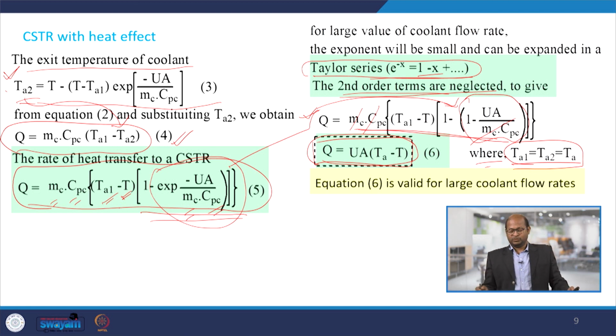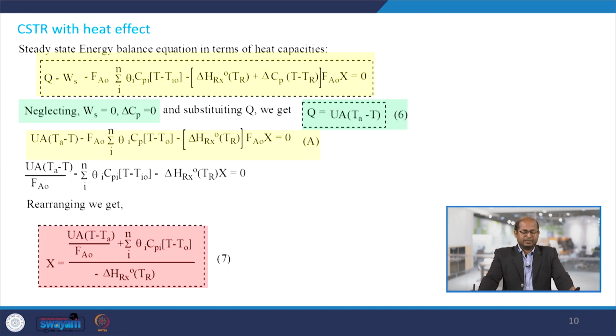So, if we know the coolant temperature and the reacting medium temperature, then the rate of heat transfer usually we can write this way for a CSTR when a heat exchanger is there. So, Q equals U A (Ta minus T), where Ta is the coolant inlet temperature and T is the reacting medium temperature.